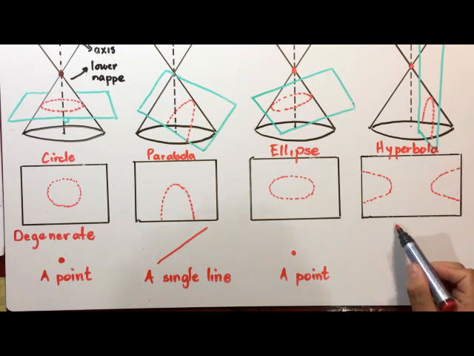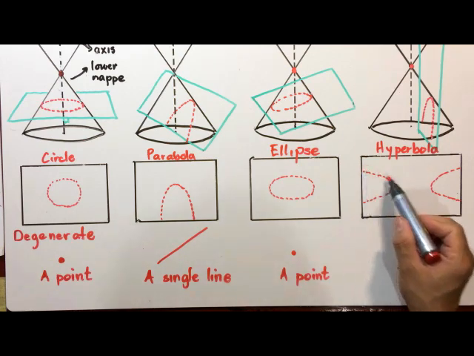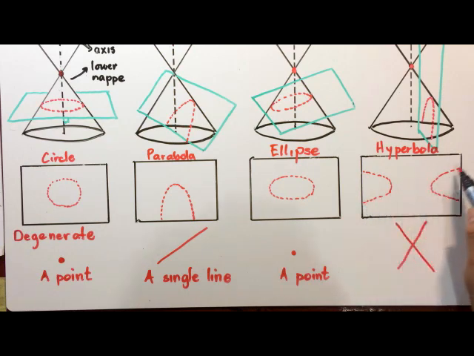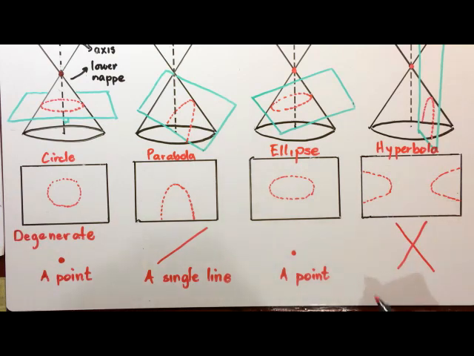You form just an intersection of two lines, two intersecting lines, and that is still a degenerate case. So, two intersecting lines there.